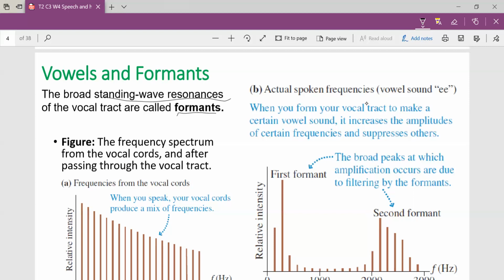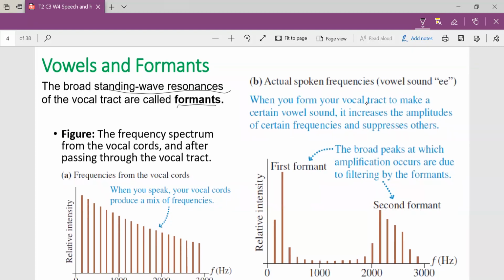Whenever we use the word formant, that is what we mean. You know what the standing wave resonance is, the resonance vibration of the trough and crest as the amplitudes. Okay, so the vowel is the same thing, like the vowel sounds, so that did not change.